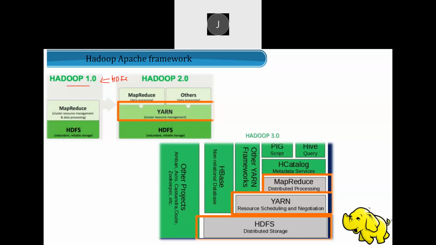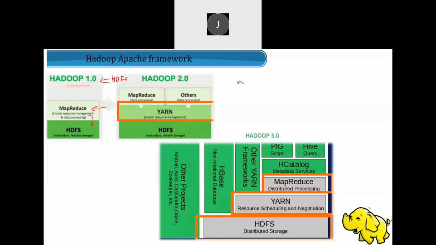That is HDFS, and over that it has a processing engine which works on your stored data. That is MapReduce. It does the data processing and also the cluster resource management. Cluster, I say, the master and the slave nodes together, they call it a cluster.